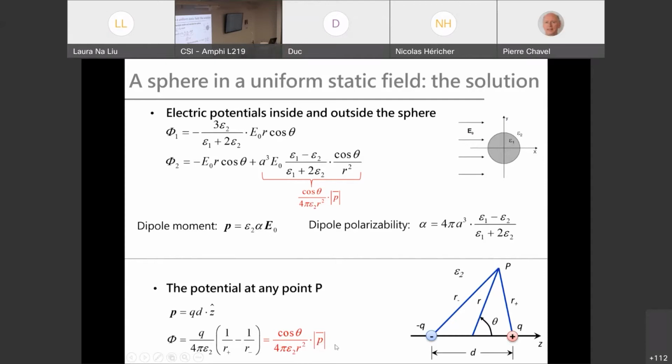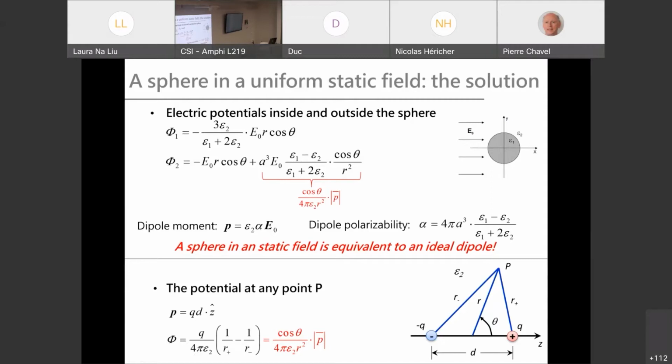So p is the dipole moment. If you compare these two cases, the top one and the bottom one, this already gives you the insight: in the quasi-static domain, when a metallic sphere interacts with incoming light, the sphere in the static field is equivalent to an ideal dipole. This is very insightful.